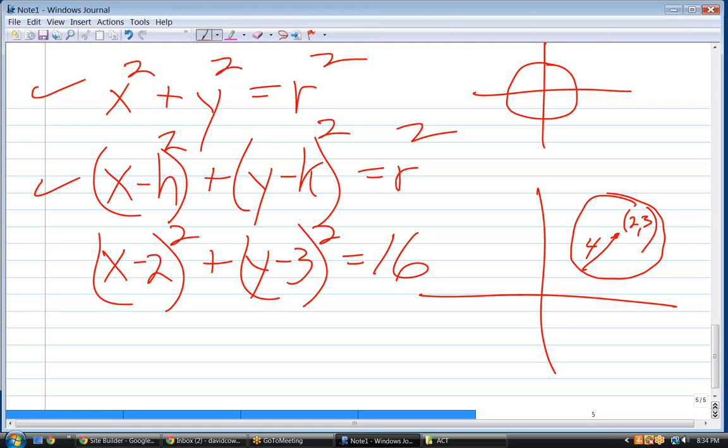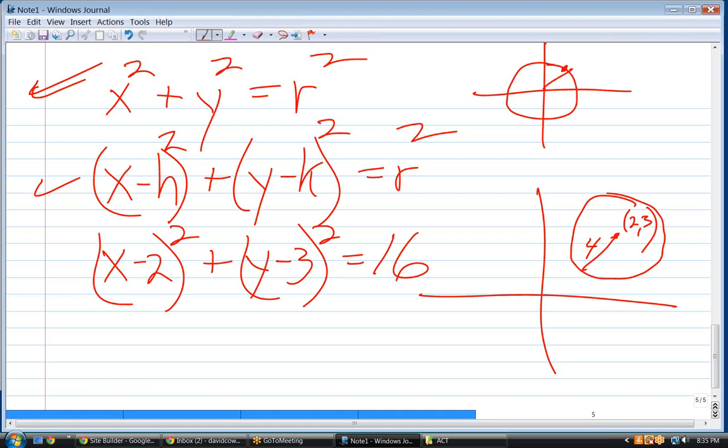Okay? So this is the circle, and that's all you need to know about a circle, other than one other thing. Any point on the circumference of the circle, not inside the circle, has to fit the equation.